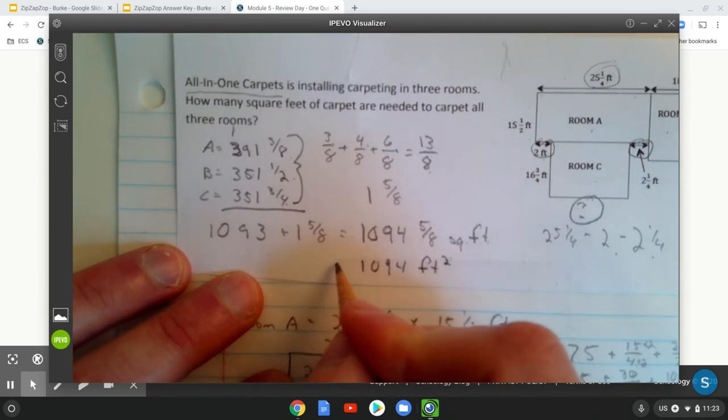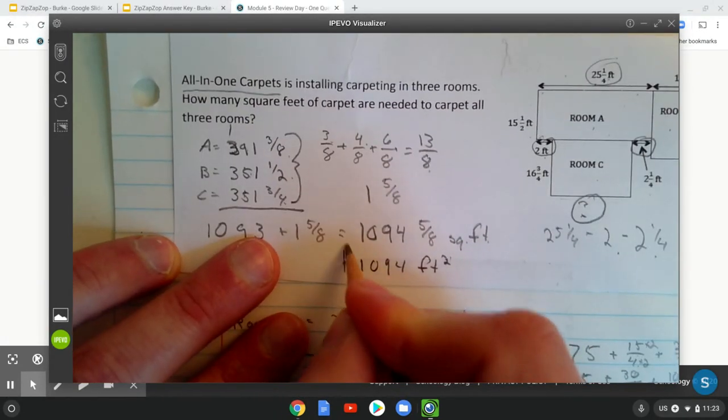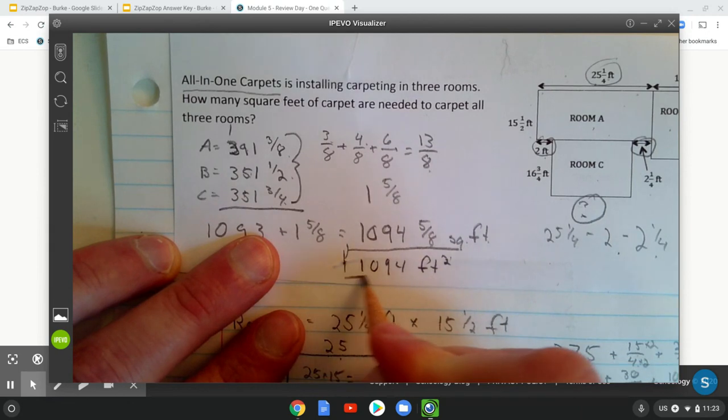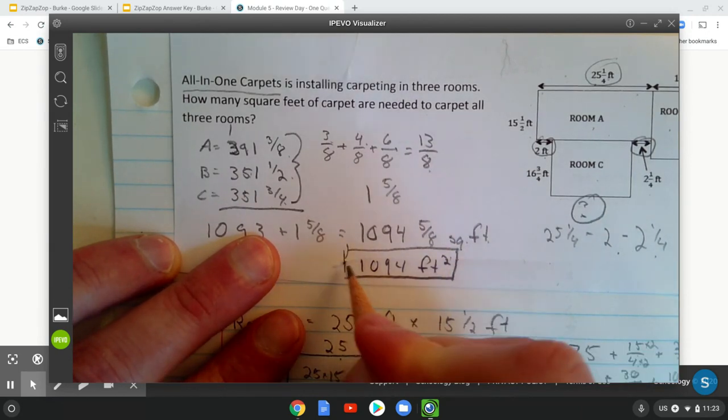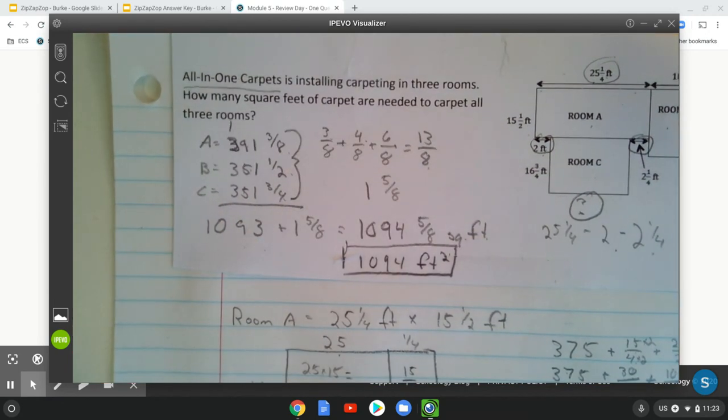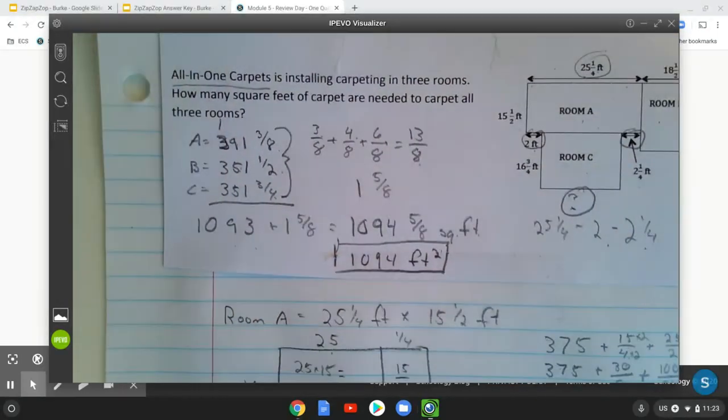All three rooms. Whoops, got the tape there. So there is your final answer for this question.